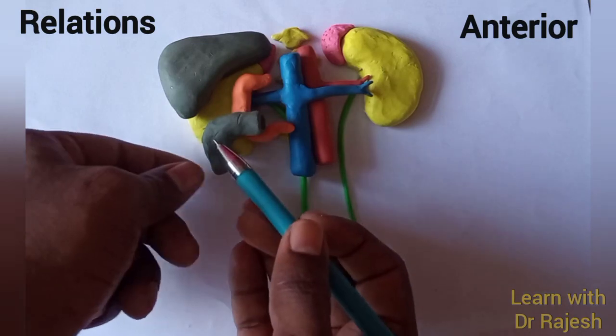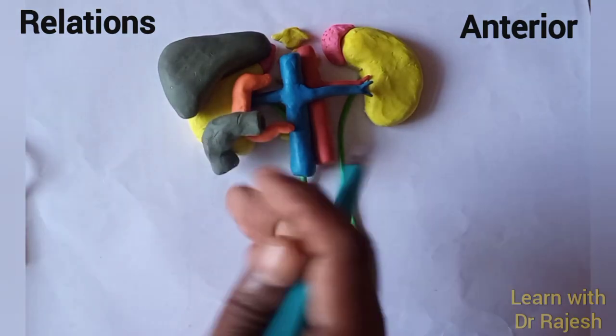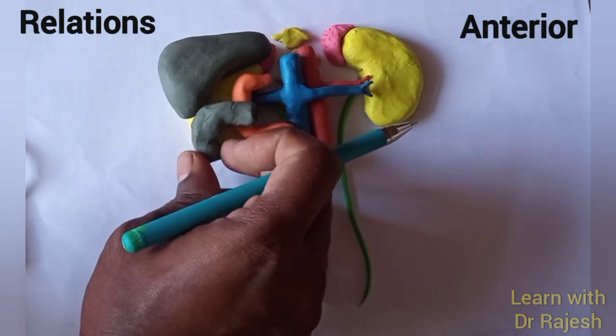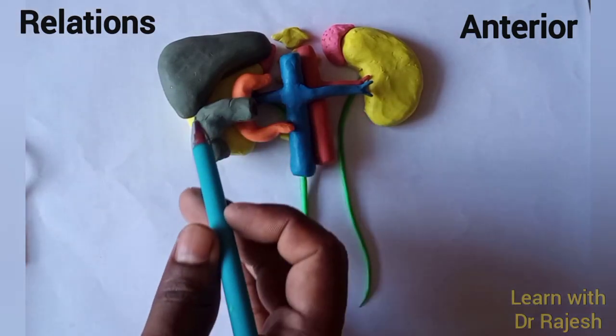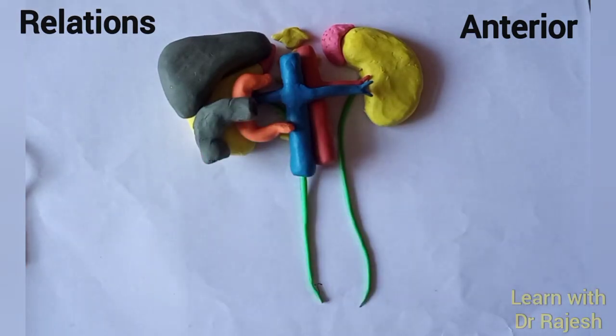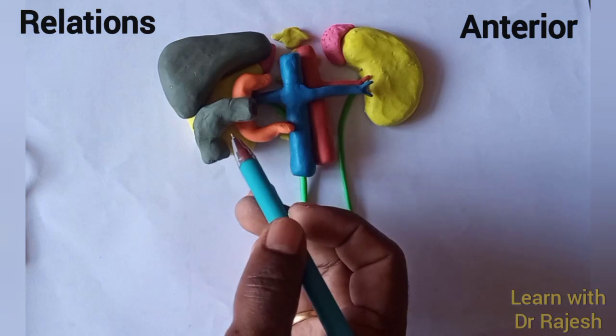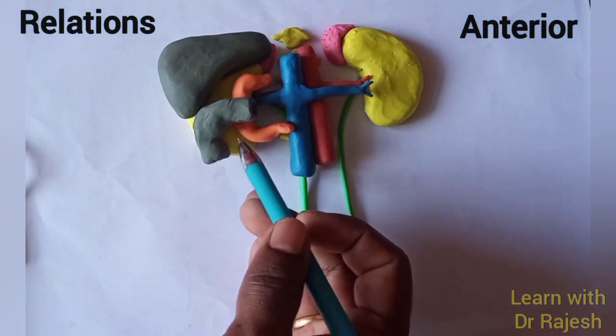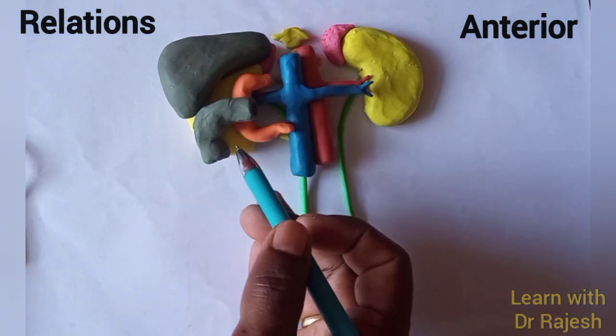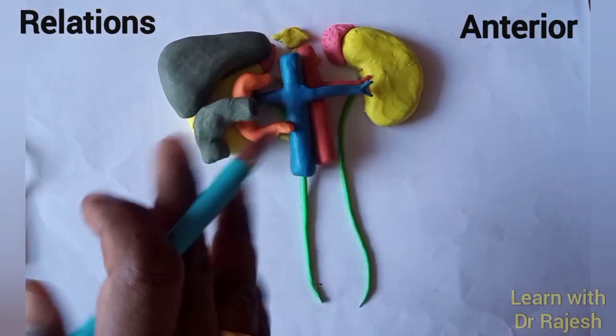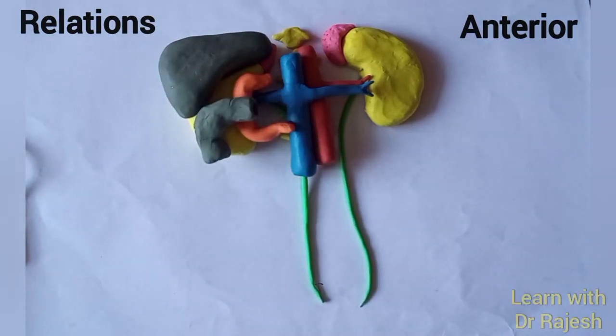The lower part of the kidney is related to the hepatic flexure of the colon and the part of transverse colon. And in this gap, we will be having loops of jejunum also. So that is the anterior relation of the right kidney.